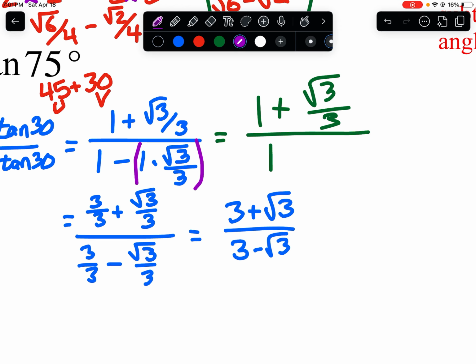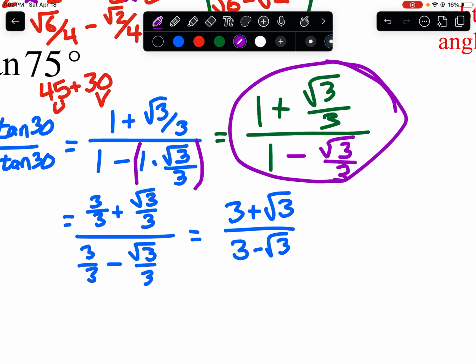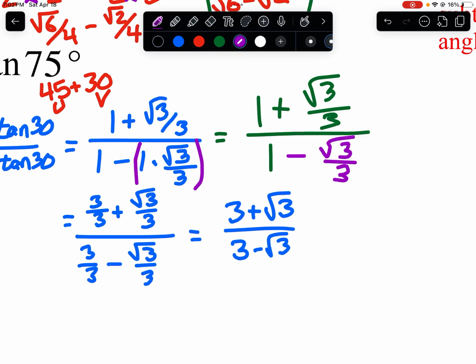Or not exponents, multiplication first. So we'd have to do this 1 times root 3 over 3 first. So if we do that, we end up with 1 minus root 3 over 3. So that's an intermediate step there just to make sure we get our order of operations right. But then to simplify this thing here, ideally we want to get rid of the fractions inside of fractions.